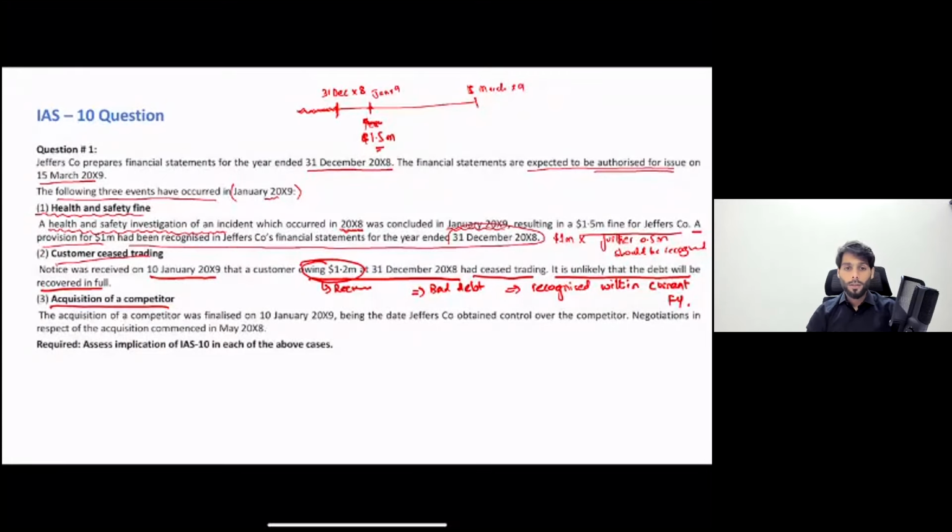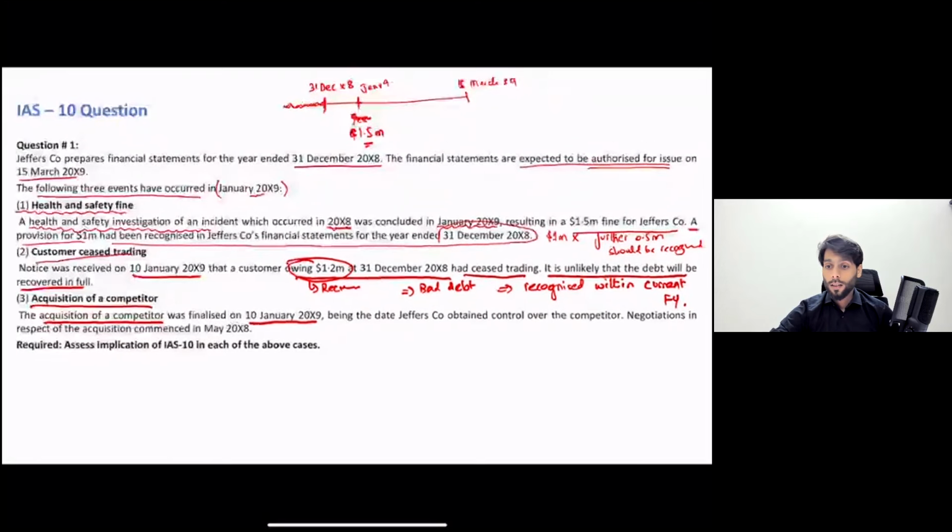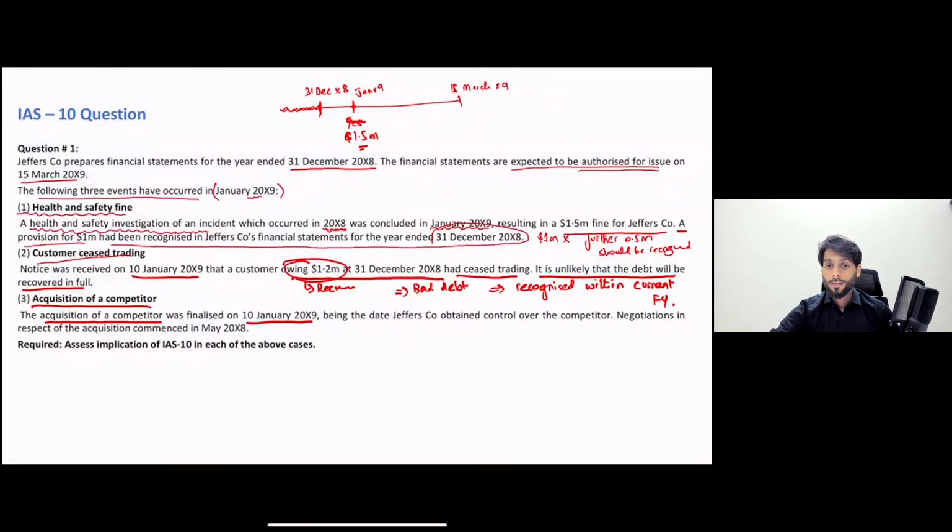I hope my screen is pretty much visible to you. Okay, just wait for a second. All right. So it states the acquisition of a competitor was finalized on 10th January X9, being the date Jeffer Companies obtained control of the competitor. Negotiation in respect of this acquisition commenced in May X8.